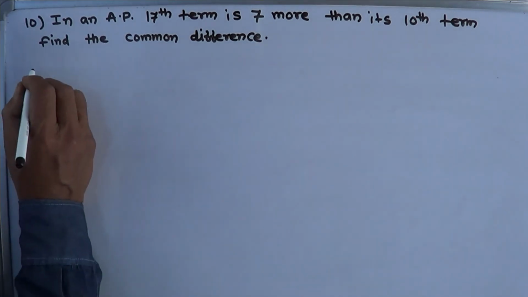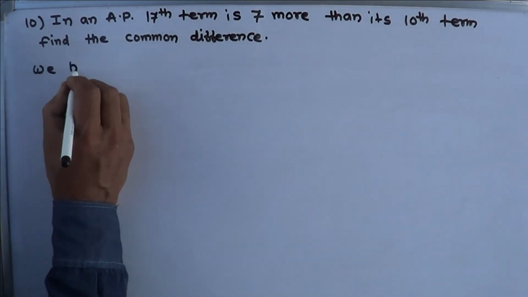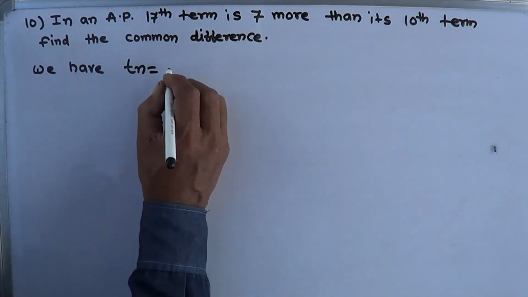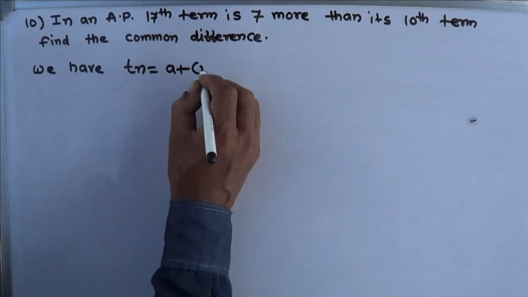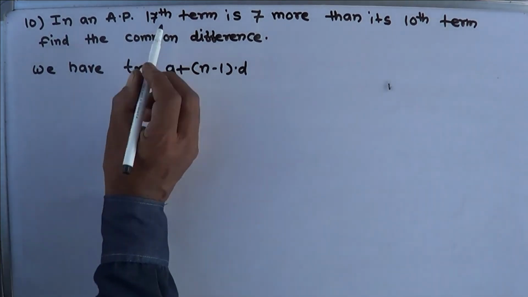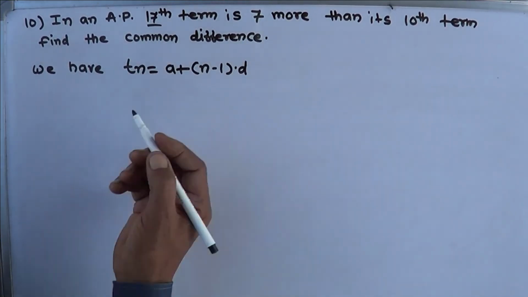Now we have the formula. We have Tn equal to a plus n minus 1 into d. First we will find the 17th term, that is T17.